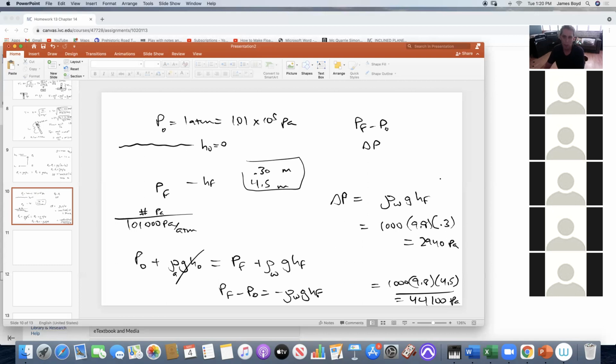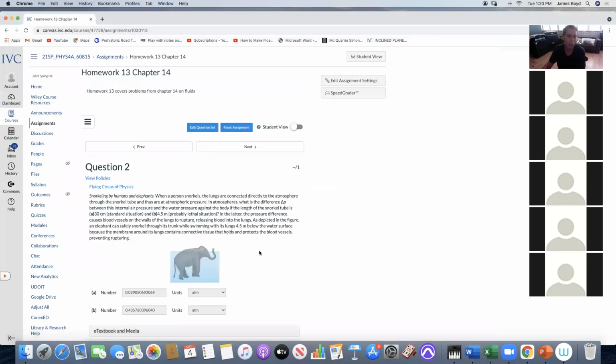This is about 0.03 atmospheres. 44,100 divided by 101,000 is 44-ish, so 0.44-ish. I got 0.029, so 0.03, and I got 0.44.